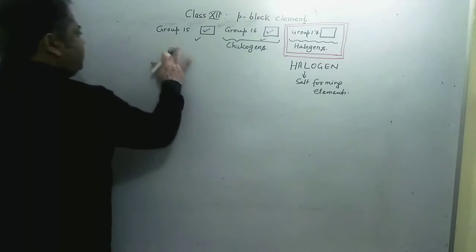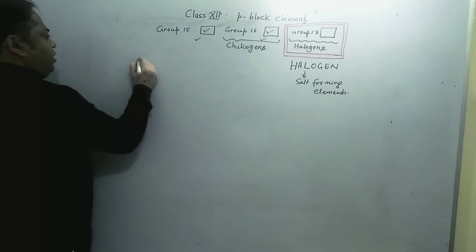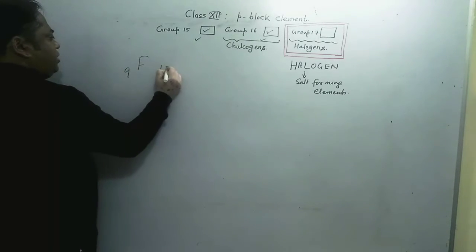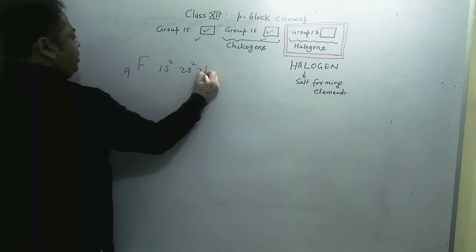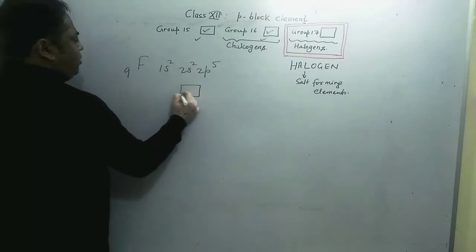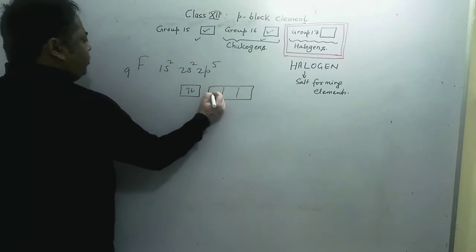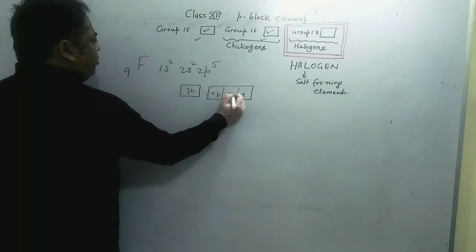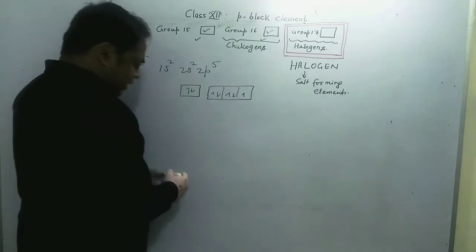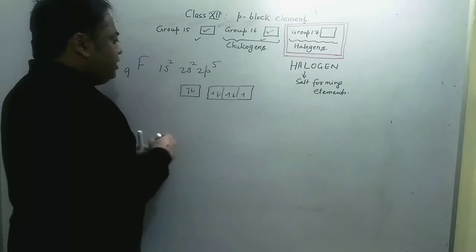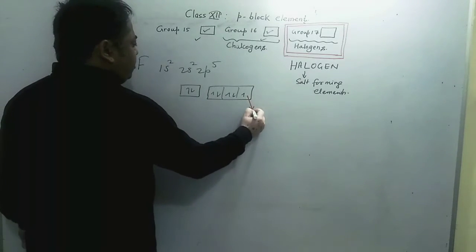You will find that in these elements, like say fluorine, 9, 1s2, 2s2, 2p5. One, two, three, 4, 5. There is a vacancy of 1 electron. There is a need of 1 electron.